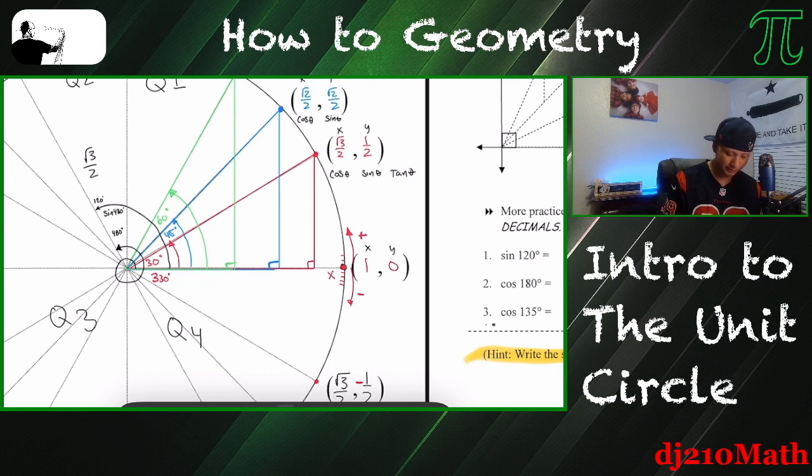In this case, opposite would be whatever this length is, and then over the adjacent side, whatever this length is. That's opposite over adjacent. Well, opposite is just the y value, and the adjacent is just the x value. So tangent is y over x.